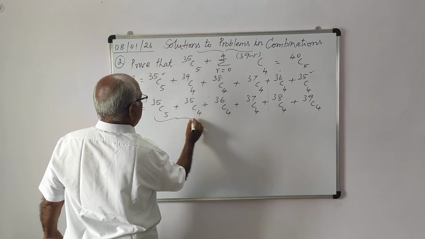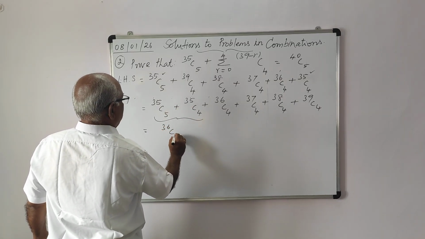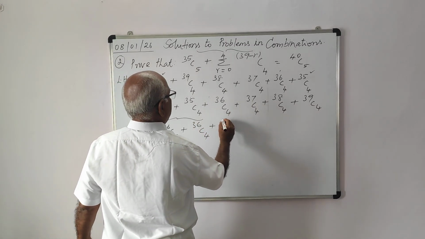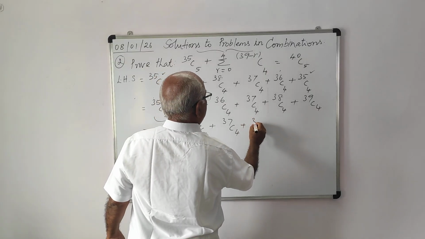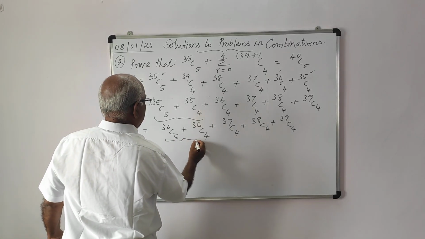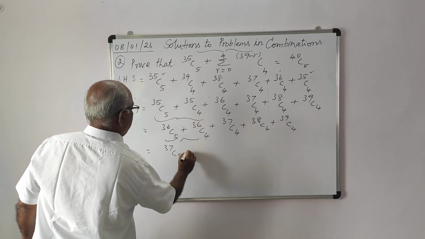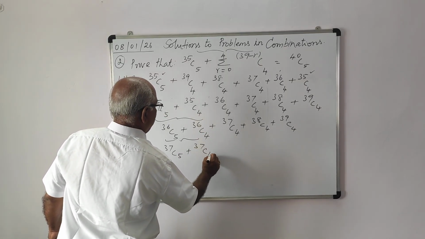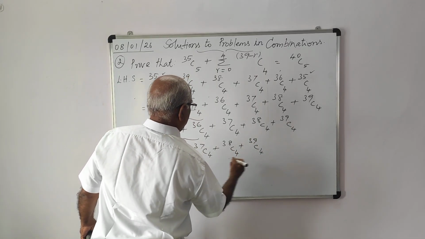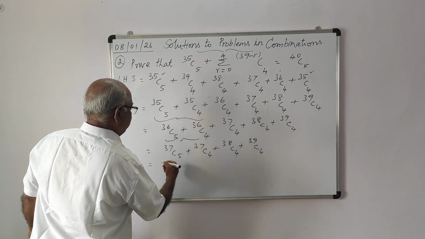These first two terms give nCr plus nC(r minus 1) equal to (n plus 1)Cr, that is 37C5, plus 37C4 plus 38C4 plus 39C4. And these two become 38C5.